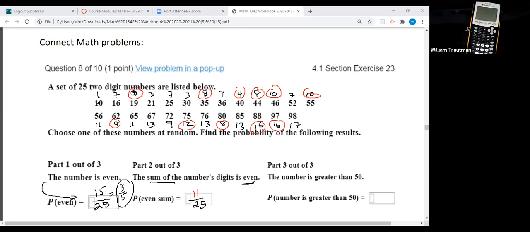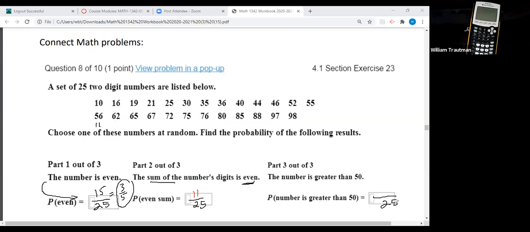All right, let's erase these and do the last one now. It says, out of these 25 numbers, how many are greater than 50? Luckily, they're in order.